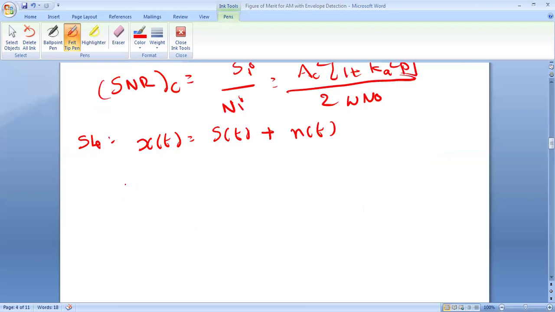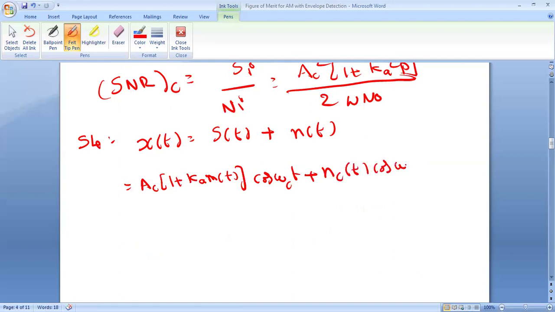Mathematically, this is given as AC into (1 plus Ka m of t) cos omega ct, the AM signal, followed by the noise component nc of t cos omega ct minus ns of t sin omega ct. This is the signal coming out of the IF section.